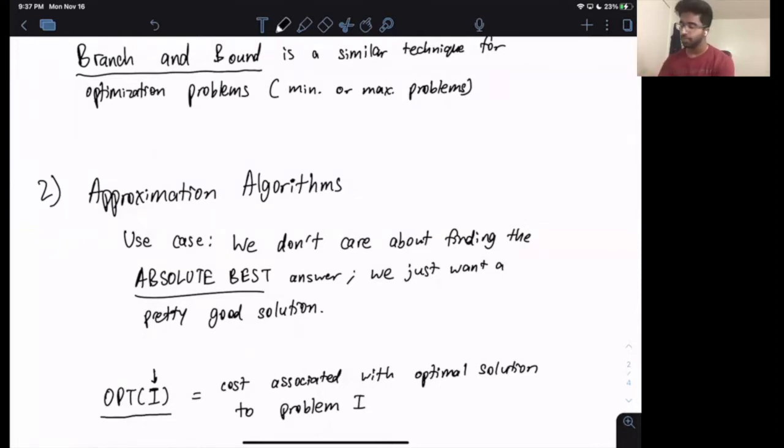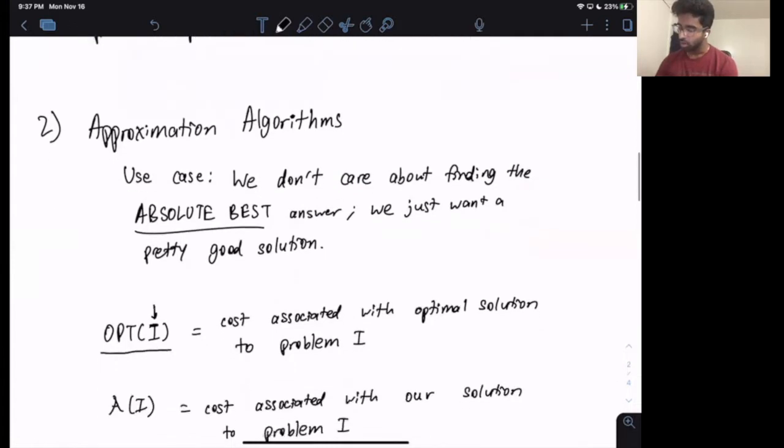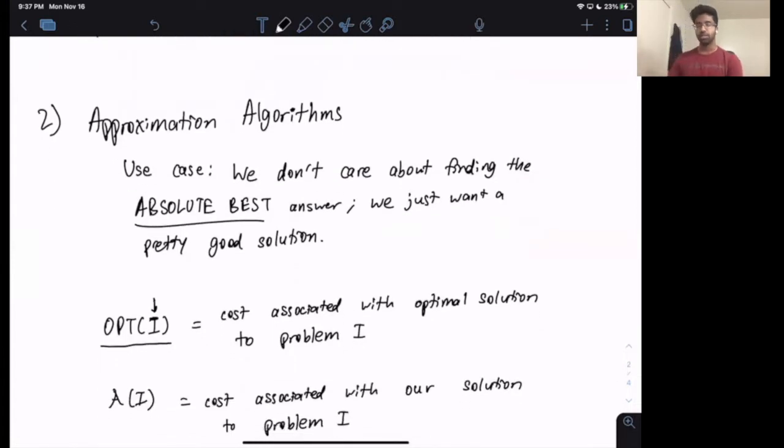So OPT of I represents the cost associated with the optimal solution to problem I. What A of I represents is the cost associated with our particular solution to problem I, right? So let's say we come up with an algorithm.